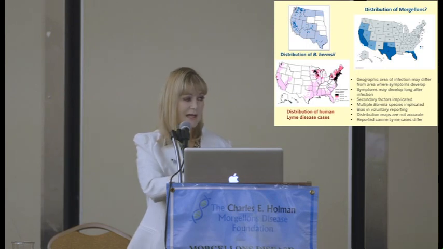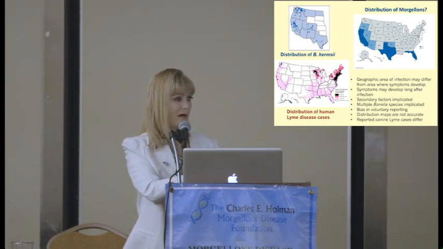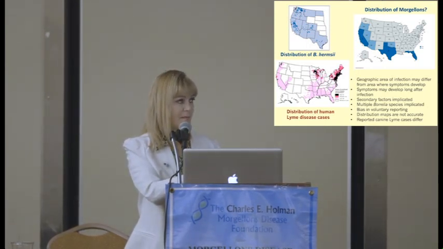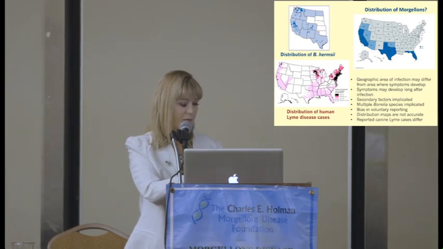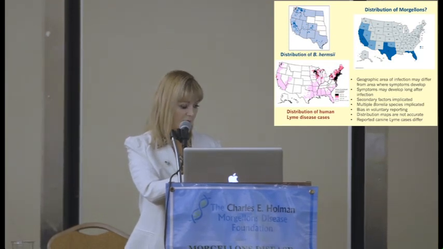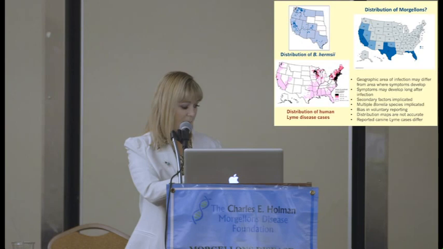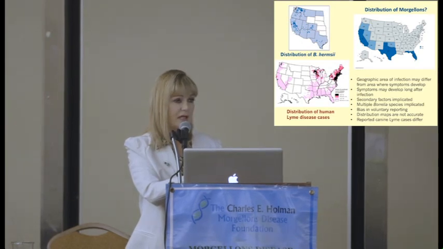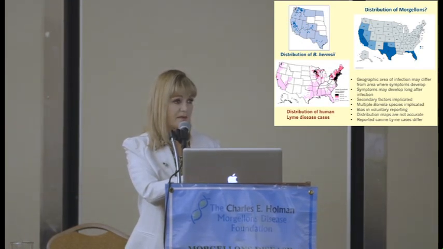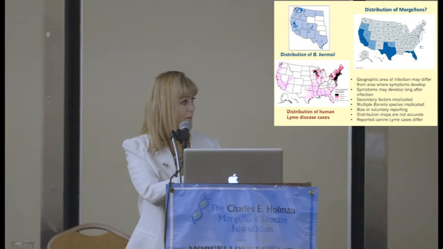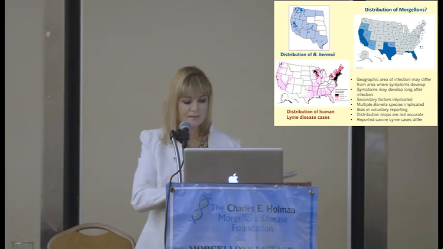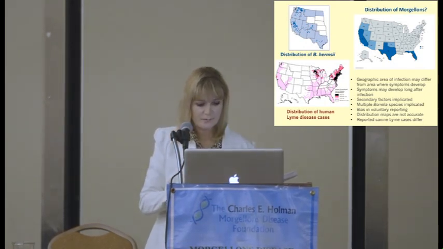Finally, I'd like to point out that our knowledge and our maps may lack accuracy, both for Lyme disease and Morgellons disease. Canine Lyme disease maps differ significantly from human Lyme disease maps, which I will show you.